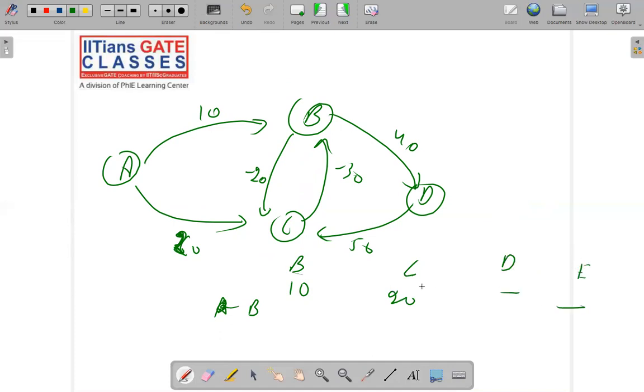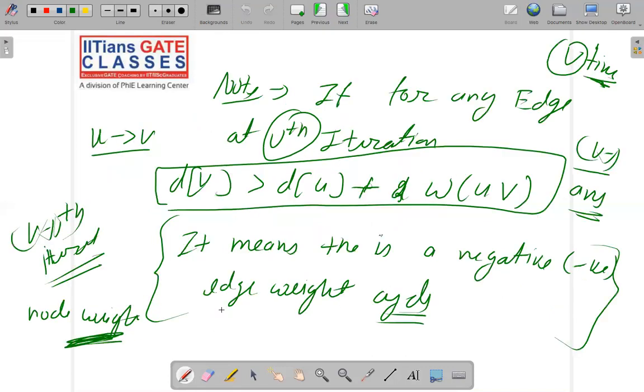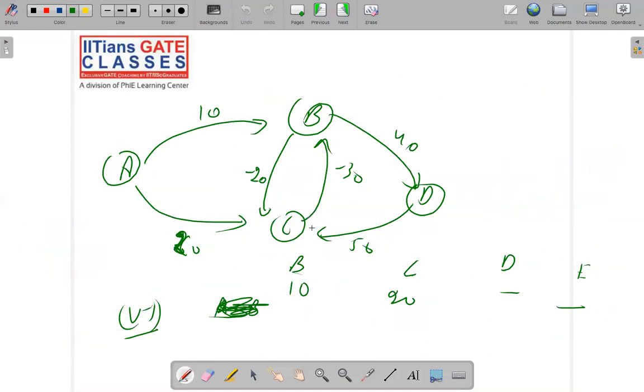But after the v minus 1th iteration, if it still changes, if there is still a condition which satisfies this, it means that there is a negative edge weight cycle, because C to B will always decrease because it's minus 30. And again, B to C will decrease with minus 20.